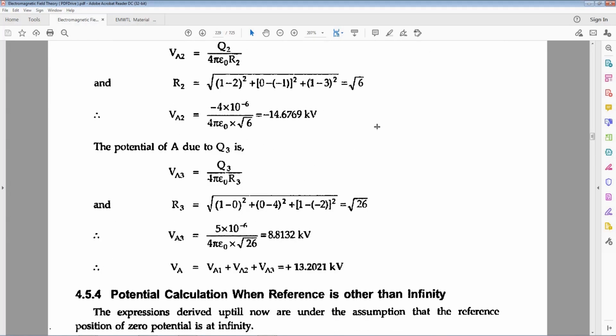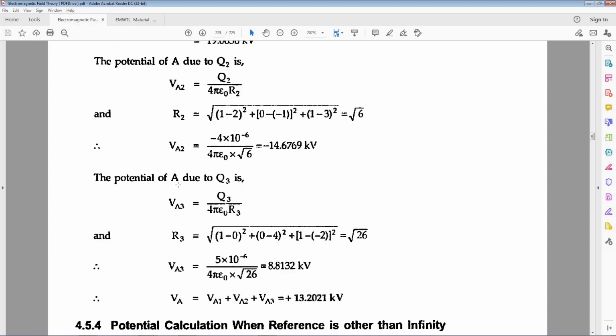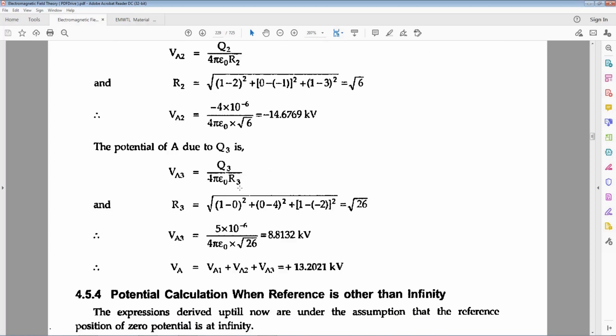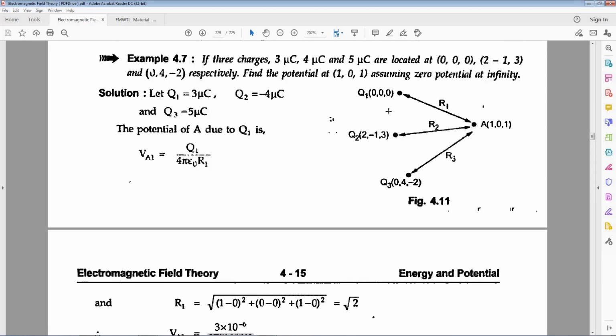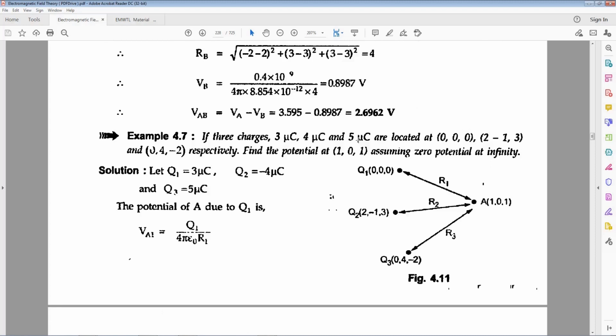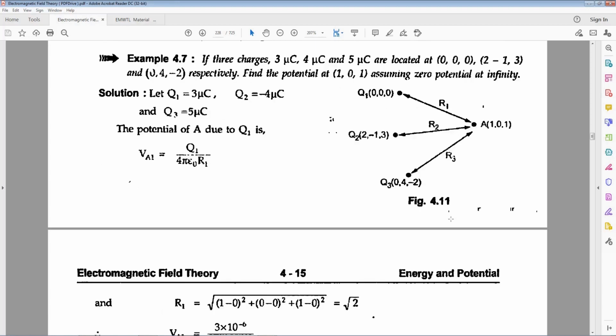And similarly, the last one, the potential at A due to Q3. Q3 is given as 5 into 10 to the power of minus 6 coulombs. Now 1 minus 0, the 1 square, and 0 minus 4 whole square is 4 plus 1 is 5. And 1 minus of minus 2 is 3 square, 9. 9 plus 1, 10. 10 plus 4 is 14.